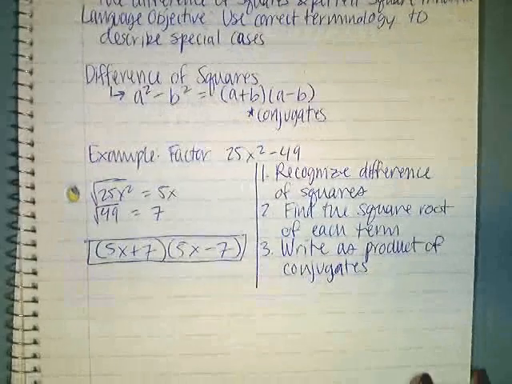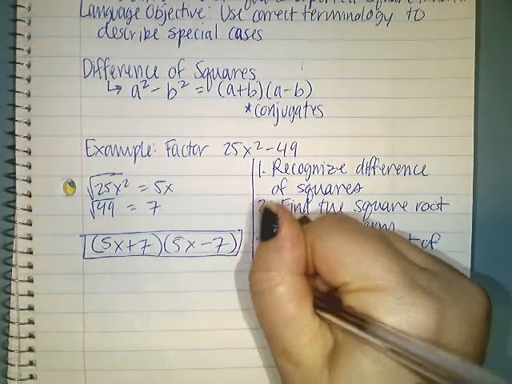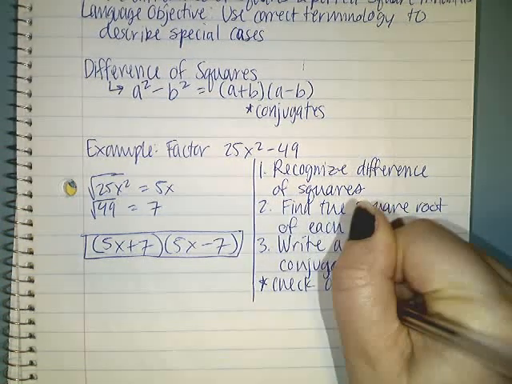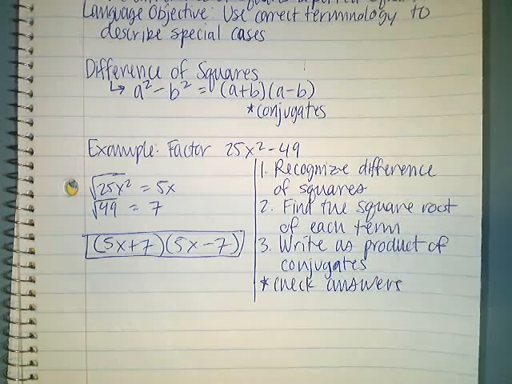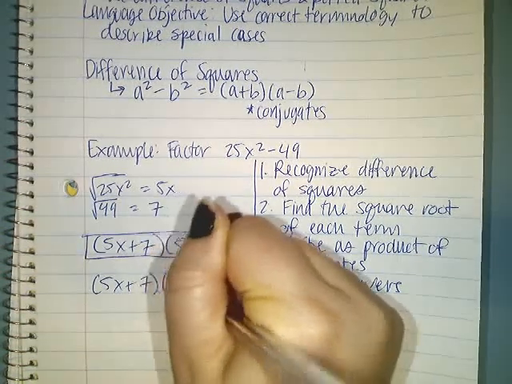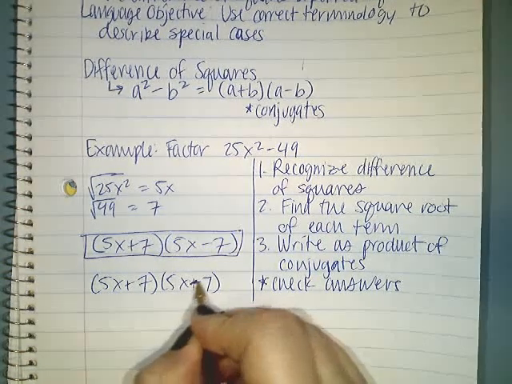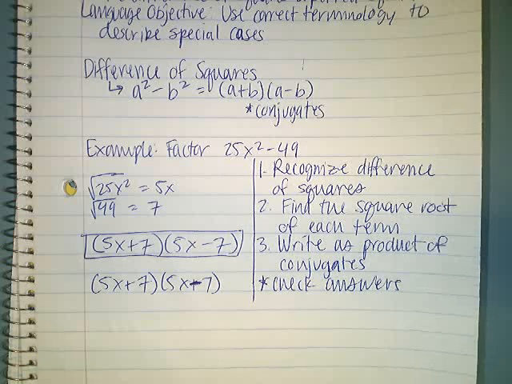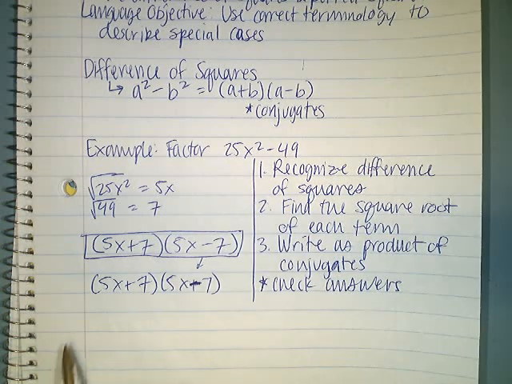I'm going to put a little note here so you can see why this works. I'm going to check our answer in this instance so you can see why this ends up this way. So if I had 5x plus 7 times 5x, or sorry, minus 7, that's a minus, not a plus. Then I'm going to FOIL it.